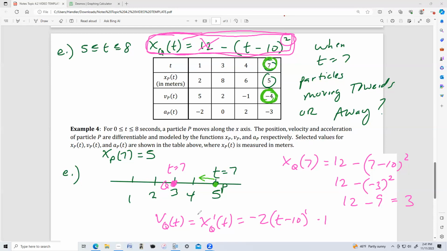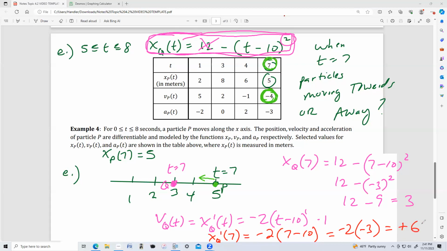So now we need to figure out what is the velocity at time 7. So that'd be x prime of Q at time 7 is -2 times (7 minus 10), which means -2 times -3, and -2 times -3 is +6.